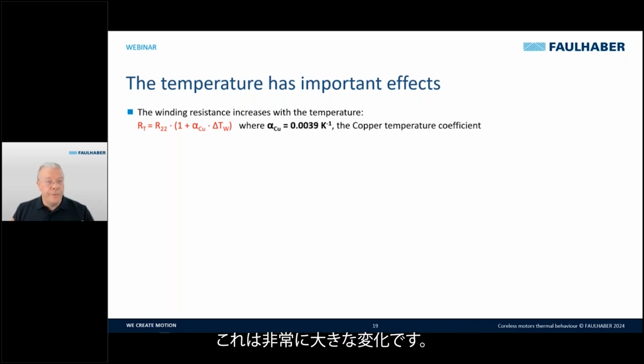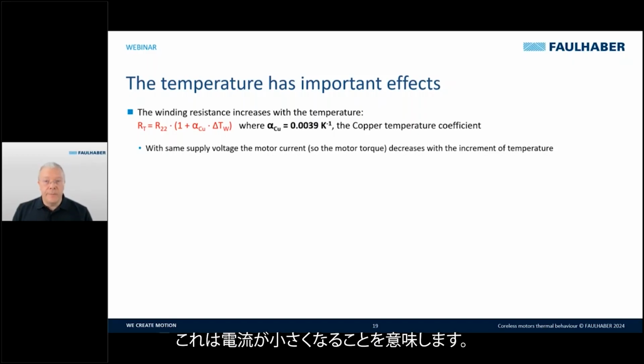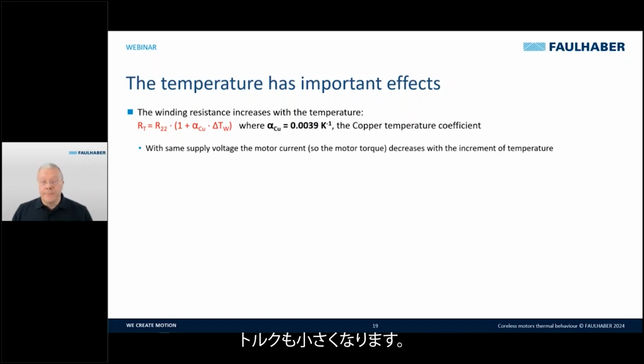So this is a huge variation, and this causes some effect. With the same supply voltage, with a 100 degree value, then we have a higher resistance. This means lower current. So we have a lower torque.